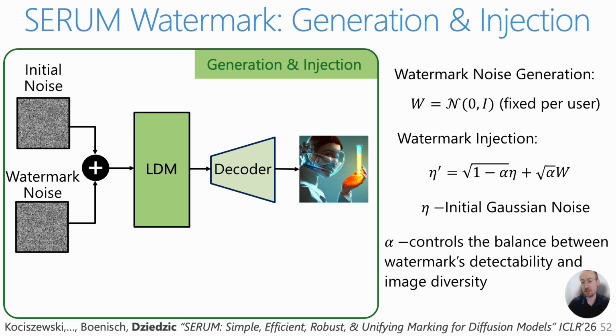If alpha is very high, equal to 1 for example, then we have only static noise for different processes, and of course this will limit the diversity of generations. However, here we set alpha in a way that balances the quality and diversity of generations versus the watermark strength.